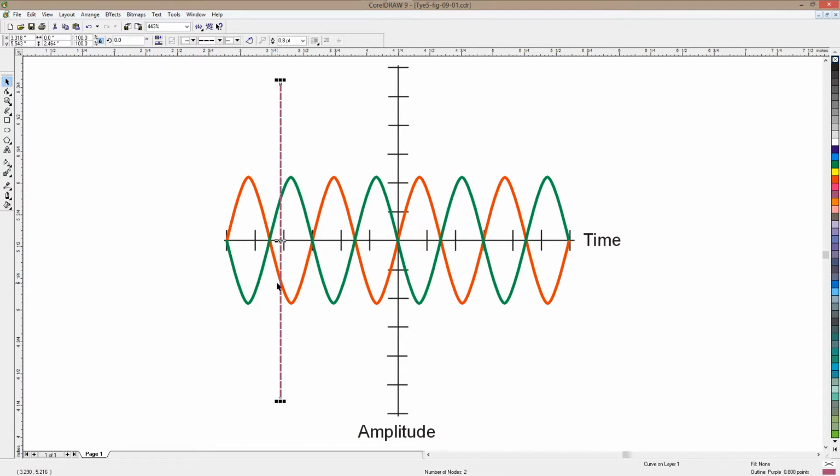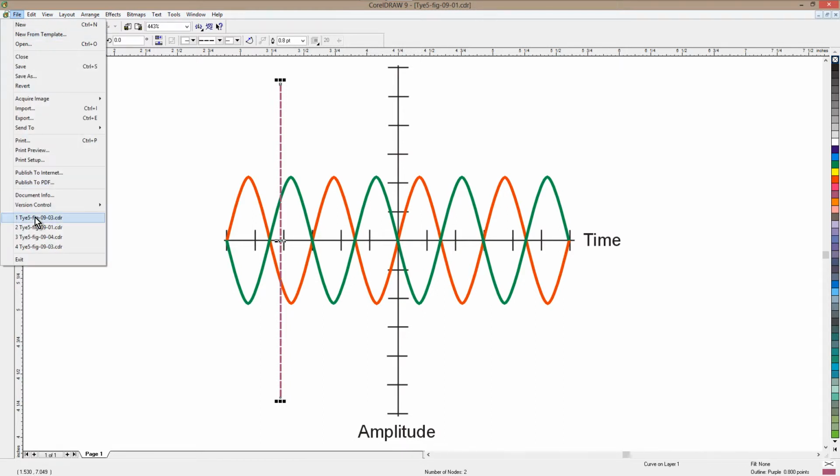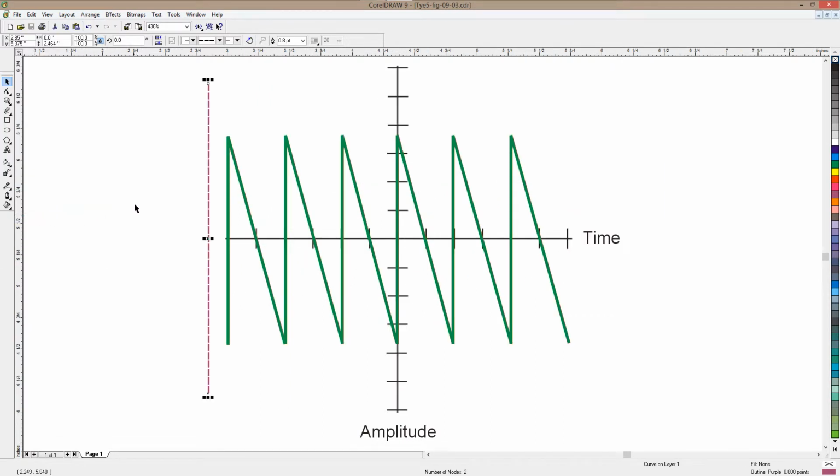The intersection points are always equidistant from the time axis, and therefore, because they're on opposite sides, they always add up to zero. So with two sine waves of the same amplitude and the same frequency, phase opposition gives the exact same effect as a shift by 180 degrees in phase.